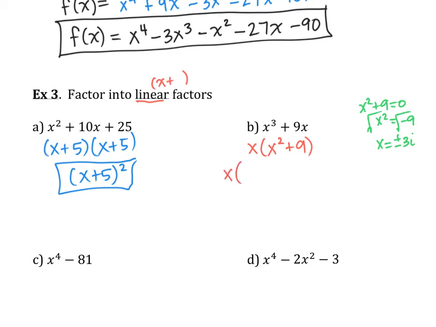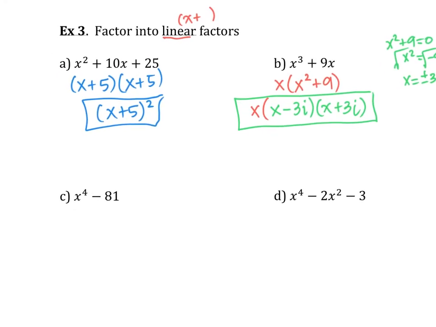Since my answers were positive and negative 3i, then my factors must be x minus 3i and x plus 3i. I had to take it all the way to linear factors, so I have exactly 3 linear factors. You could multiply them back out to check, but it should match up with the zeros if you solve the zeros correctly.